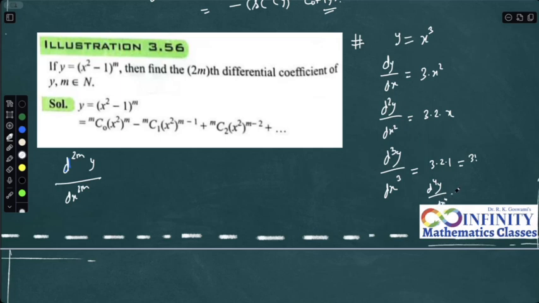0. Okay. So in the expression, you can see the first term is of degree 2m. The second term is of degree 2m minus 2. The third term is of degree 2m minus 4. Am I right? And keep going.